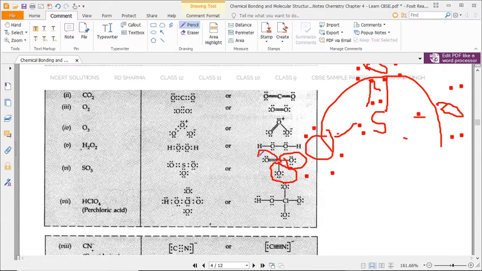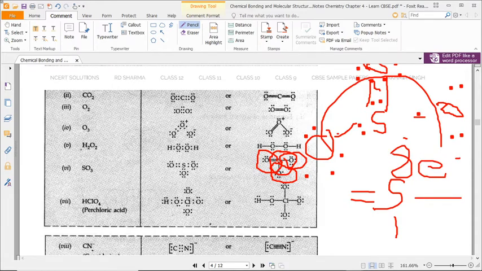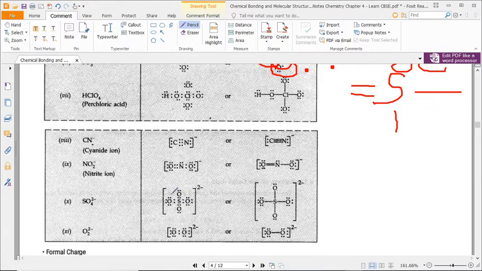Now for sulfur you count 2, 4, 6, 8. So I have to make one double bond and 2 single bonds. So 8 electrons for sulfur is achieved, and that is why I am doing it. Similarly you have to try for other atoms also.